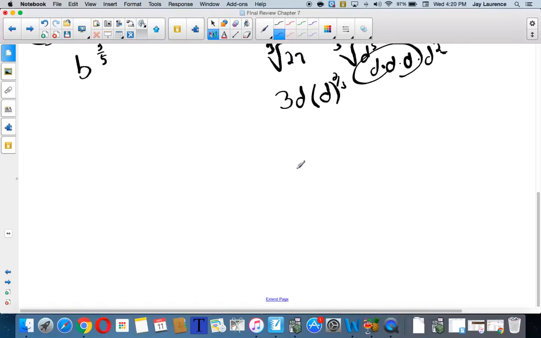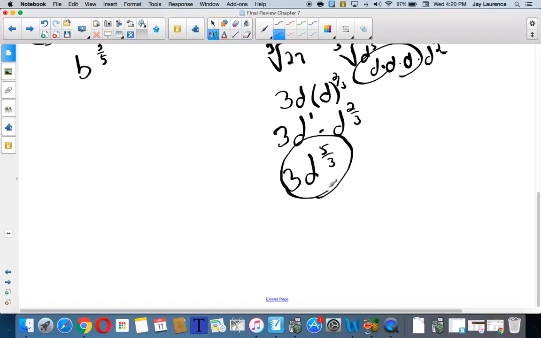But I can take this even one step further. I'm going to have 3d to the 1st times d to the 2/3. I can add the exponents. So I'm going to have 3d to the 5/3 power. And there you go.